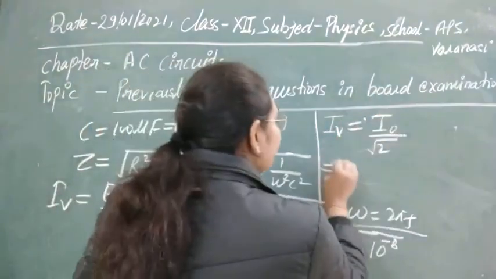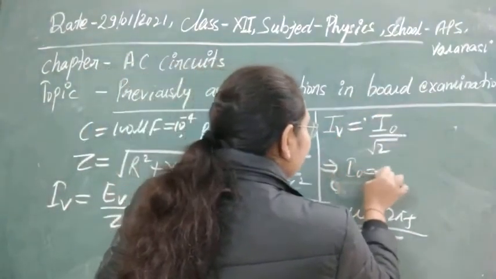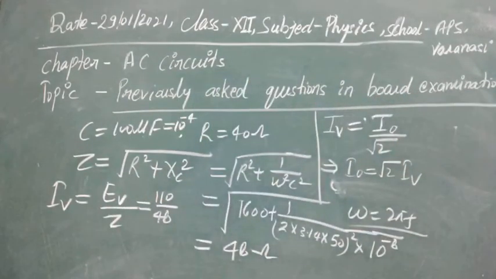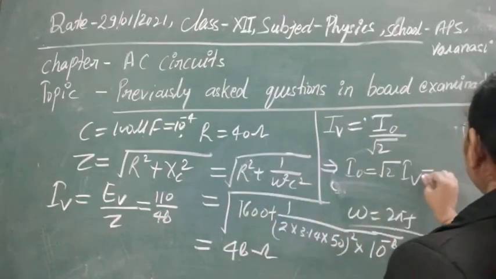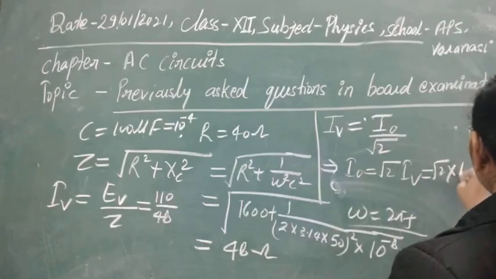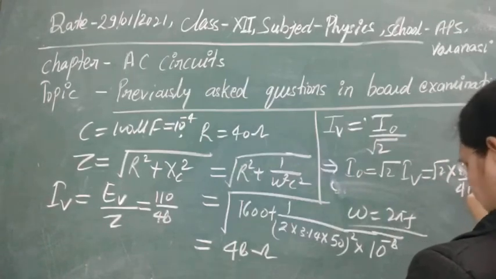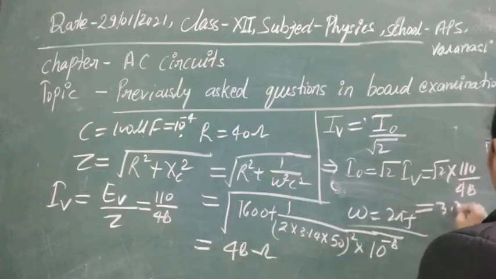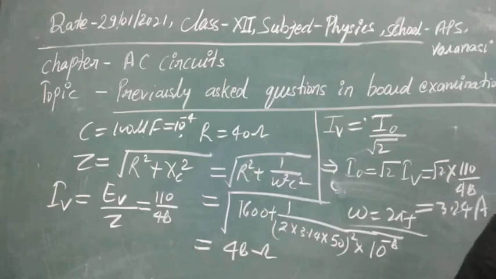So I0 will be equal to root 2 into 110 upon 48. If you put the value of root 2 as 1.414 and solve it, the value obtained is 3.24 ampere.